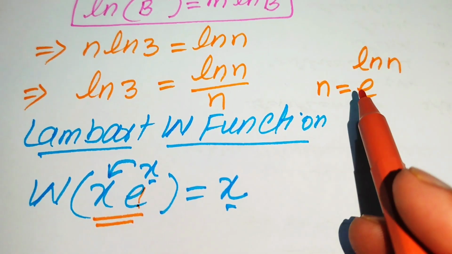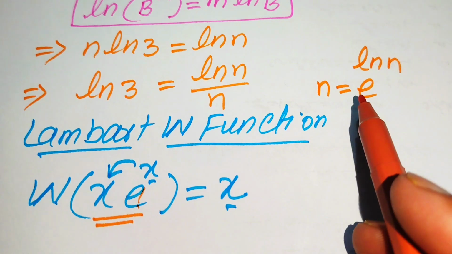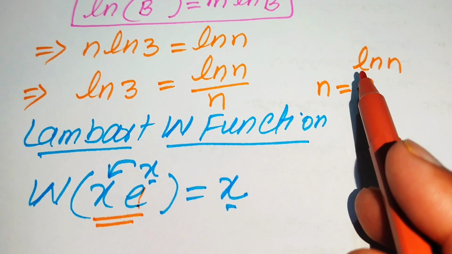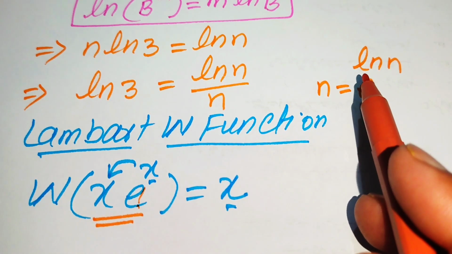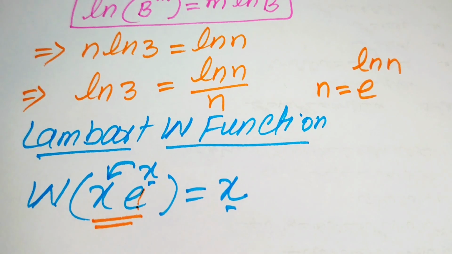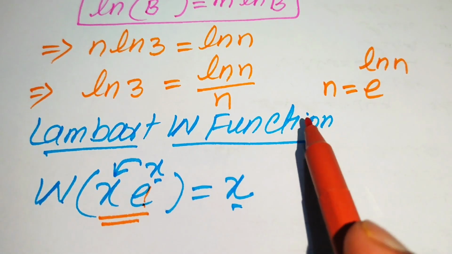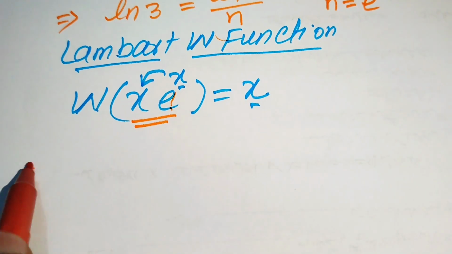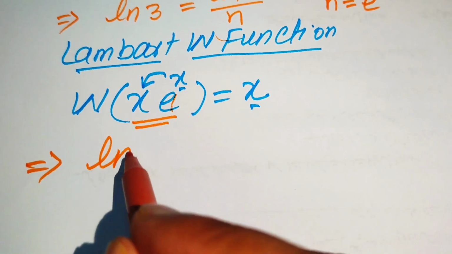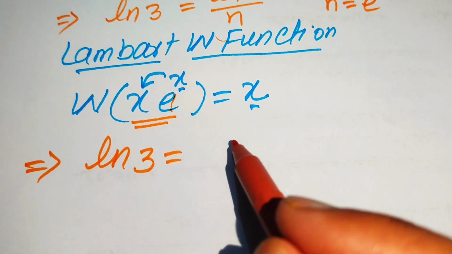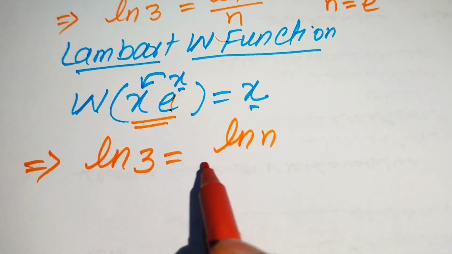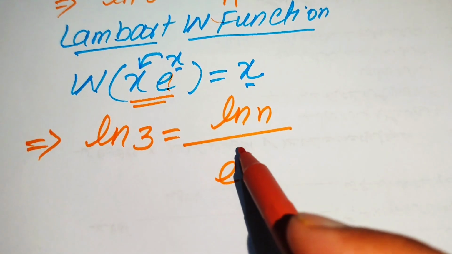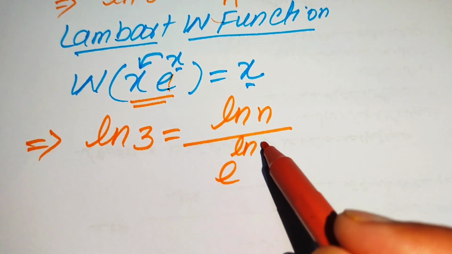It means that if you have e and log at the same time, these cancel each other because e and ln are the anti-log of each other. So we replace n with e to the power of log n, and it will be written as log of 3 equals log of n divided by e to the power of log of n.